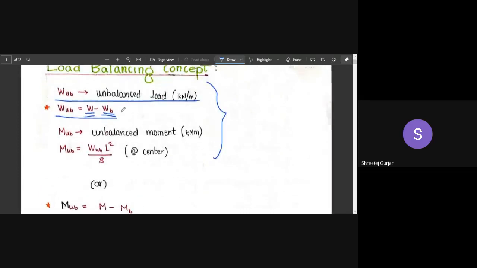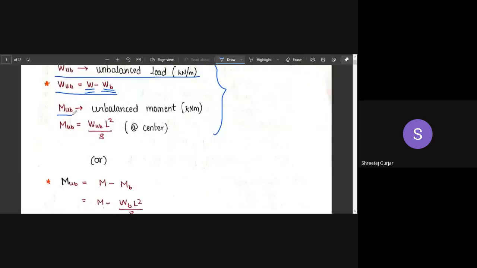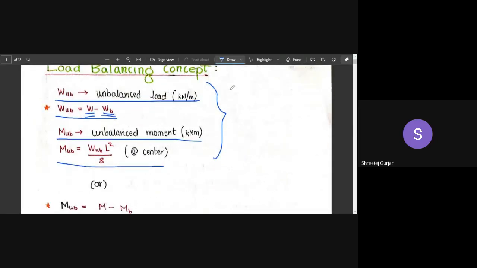This is important. Then the unbalanced moment, WUB, in kilonewton meter. So this is your unbalanced moment at your center span, WUB L squared by 8, at center. So we can go ahead with this formula and solve numericals by it.